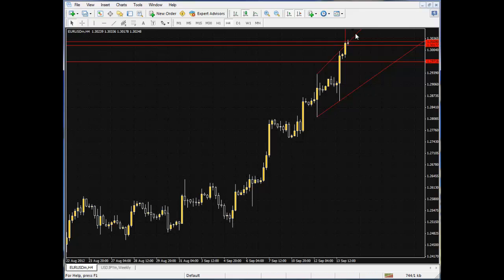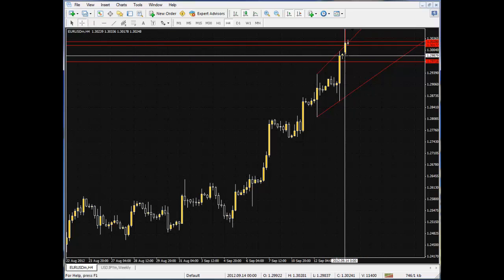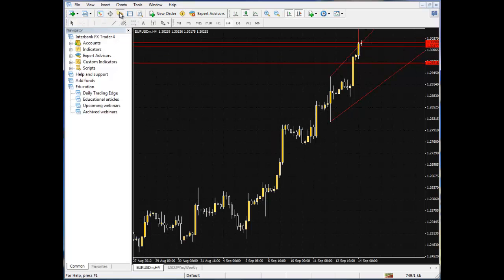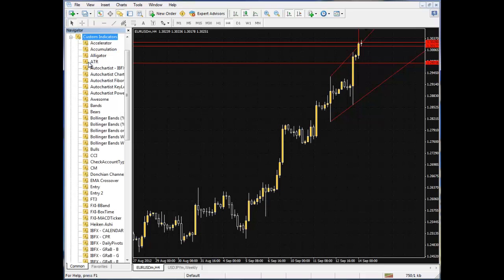And we could have gotten into a trade here because we saw potential. We would have been about right here at this time. This is about a 36 pip move, and let's see. Let's put a custom indicator in there.